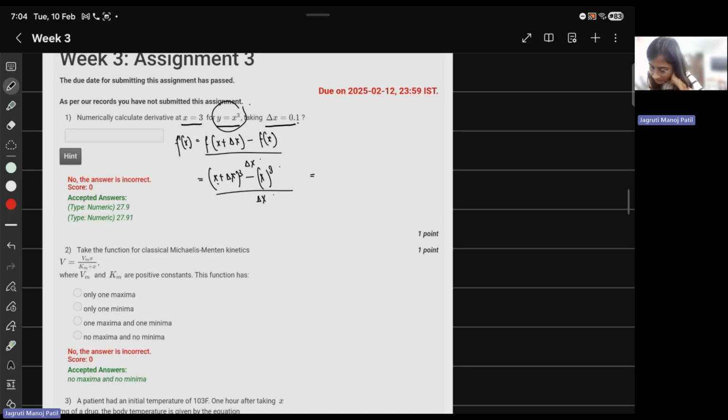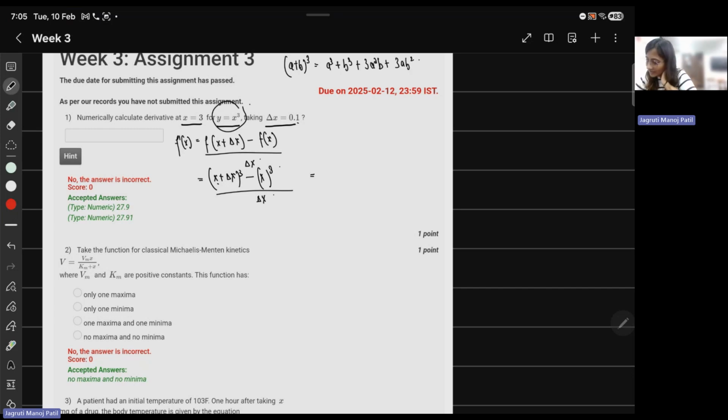So if you have this term as (a plus b) whole cube, you get a cube plus b cube plus, I do remember it like this, 3a square b plus 3ab square.